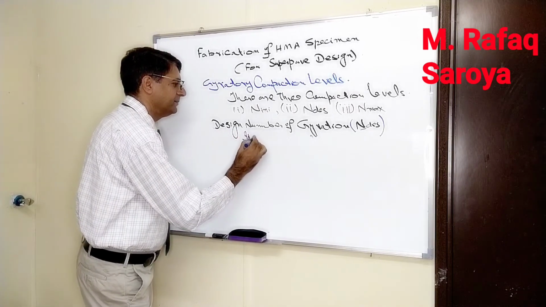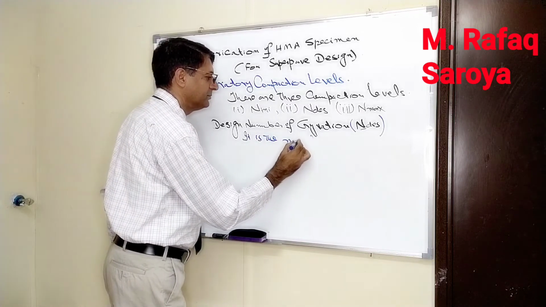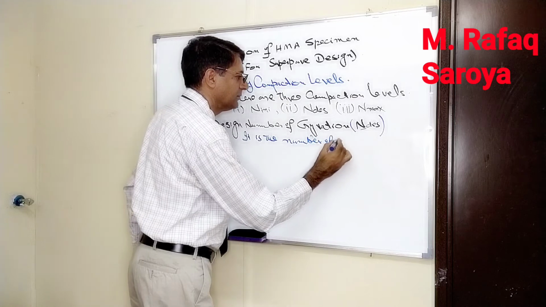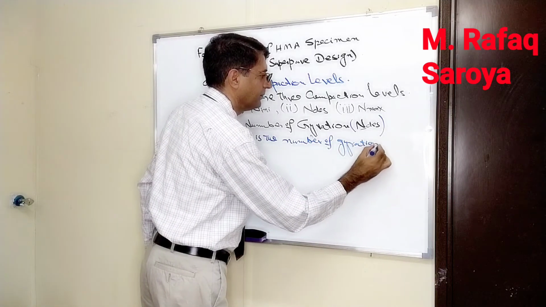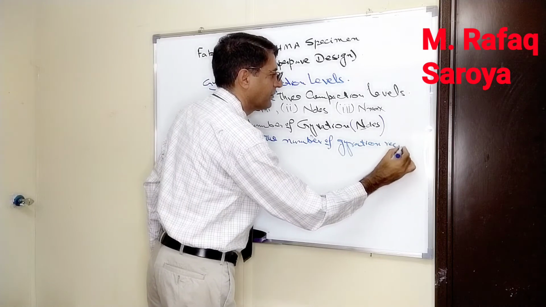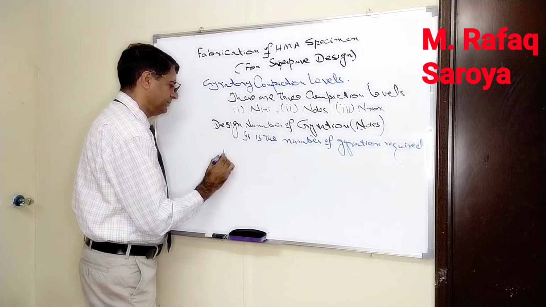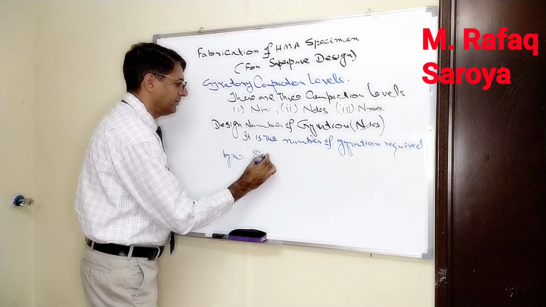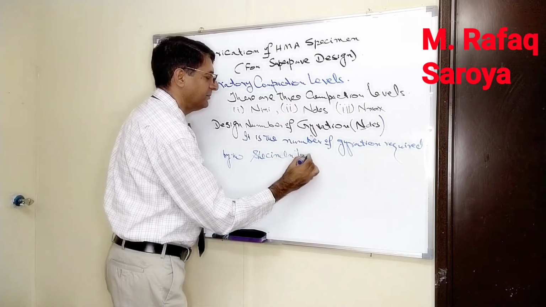It is the number of gyration required by the specimen to reach the target density.